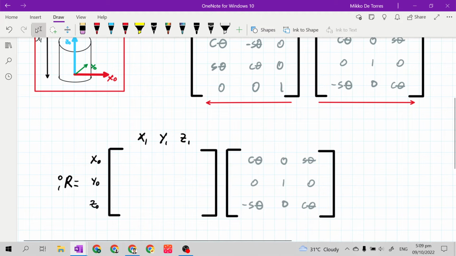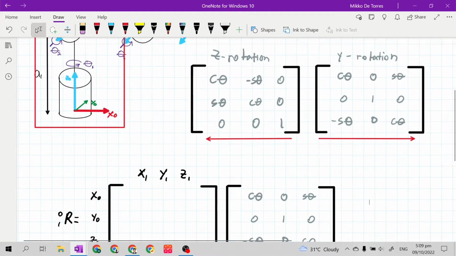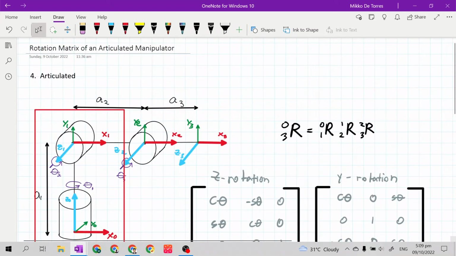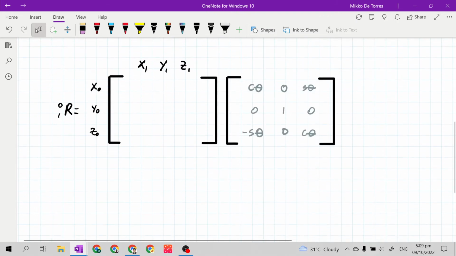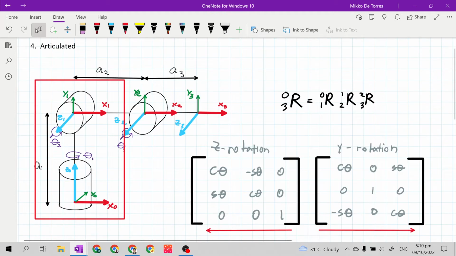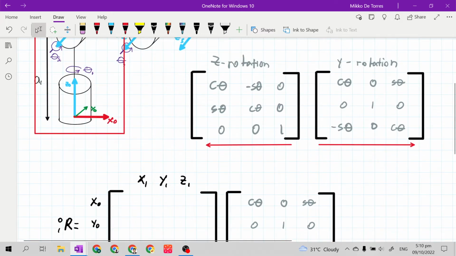Either of the two, you will have the same answer when you get the R03 matrix. If you multiply the derived R01 to the R12 and R23, you will still get the same answer. Okay, so now I've chosen y rotation.